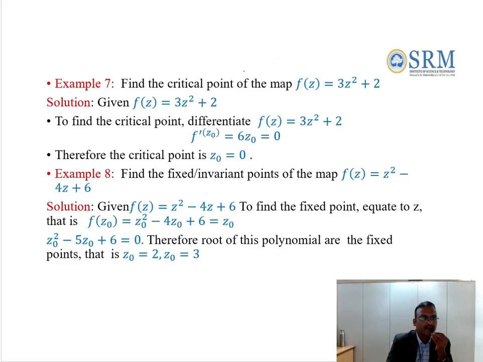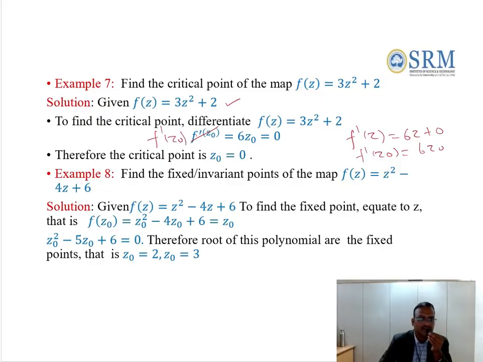Given that f of z equal to 3z square plus 2, if you do the differentiation, f dash of z is equal to 6z plus 0. There is a typo here. This is f dash of z naught. So f dash of z naught is equal to 6z naught. Then 6z naught equal to 0. Therefore z naught equal to 0 is a critical point of this function.